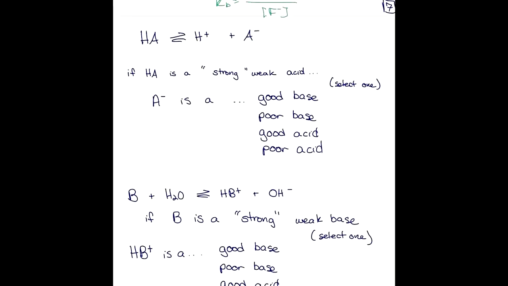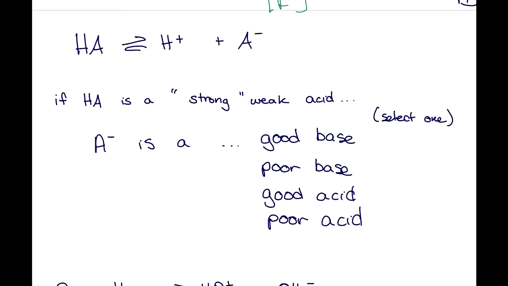All right. If HA is a strong acid, Ka is what kind of number? A big number or a small number? Big number. So that means A minus is a what? Is it a good base, poor base, good acid, or poor acid?